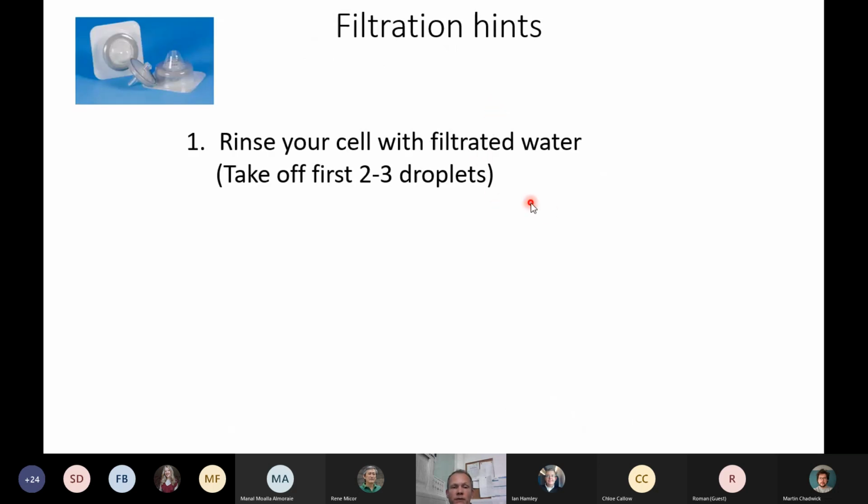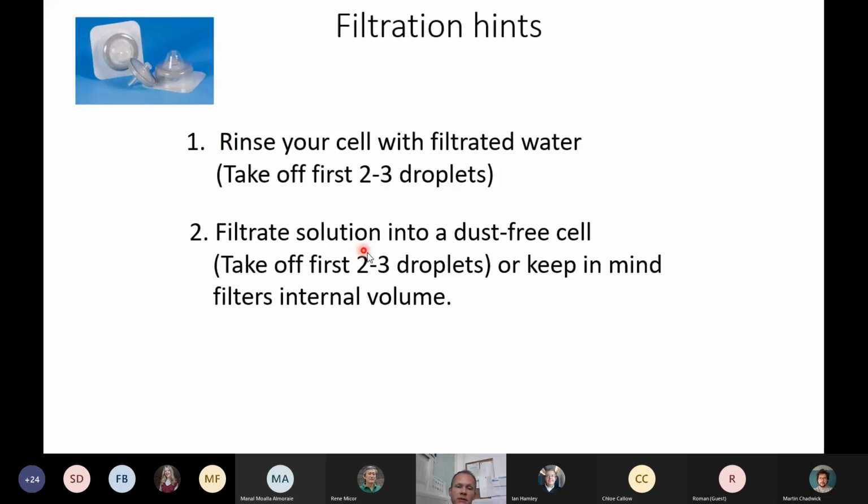Working with filters, always remember that filters could come in a box, in a special kind of envelope, or just without any packaging. I would recommend you rinse the filter with filtrated water first. Before filtering the real solution, take off the first 2-3 droplets, because dust could be inside the filter as well.